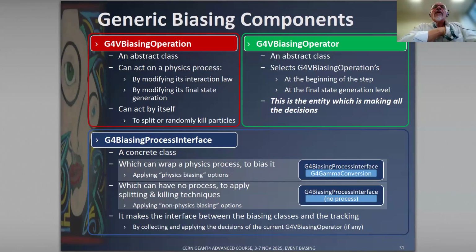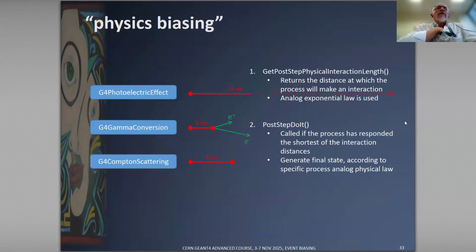Then a cartoon on the next slide. So this is the usual classical way. Assume you are tracking a gamma. Then you limit that to photoelectric, gamma conversion, and Compton scattering. In the first stage, you call the get physical interaction length.